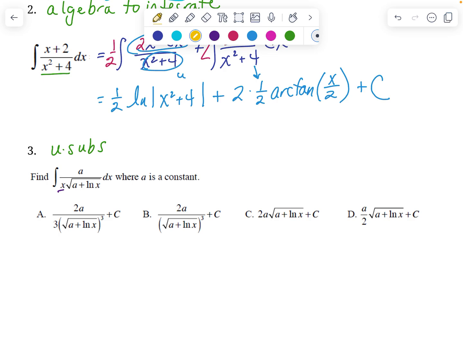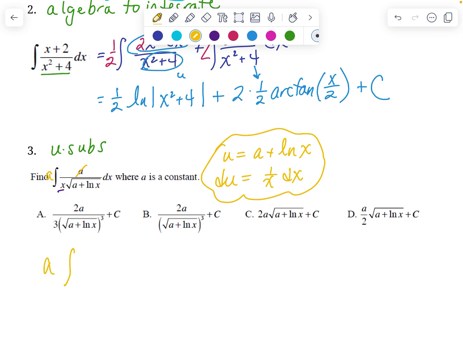So I believe this will work great if we just pull that a out and then let u equal a plus natural log of x, the part that's inside the radical. And then the derivative of a is 0, and the derivative of natural log of x is, as I just mentioned, 1 over x. So if I apply this u substitution, I think we're good to go, because now my integral is just the a on the front.